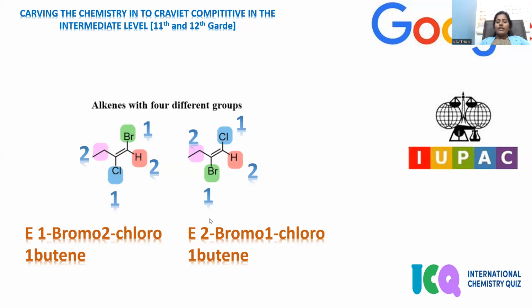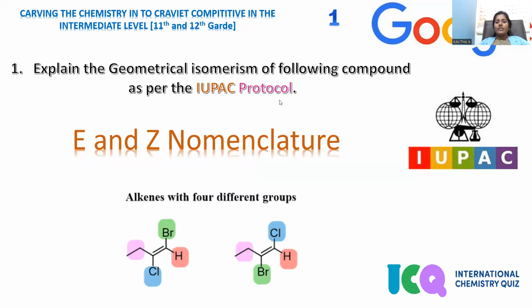Though bromo is on the second carbon, we have to mention 2-bromo-1-chloro-1-butene as the name of the compound. These two are not similar, both are different compounds, but both have a similar geometrical nomenclature. E configuration is assigned for both. This is the way IUPAC nomenclature is given.